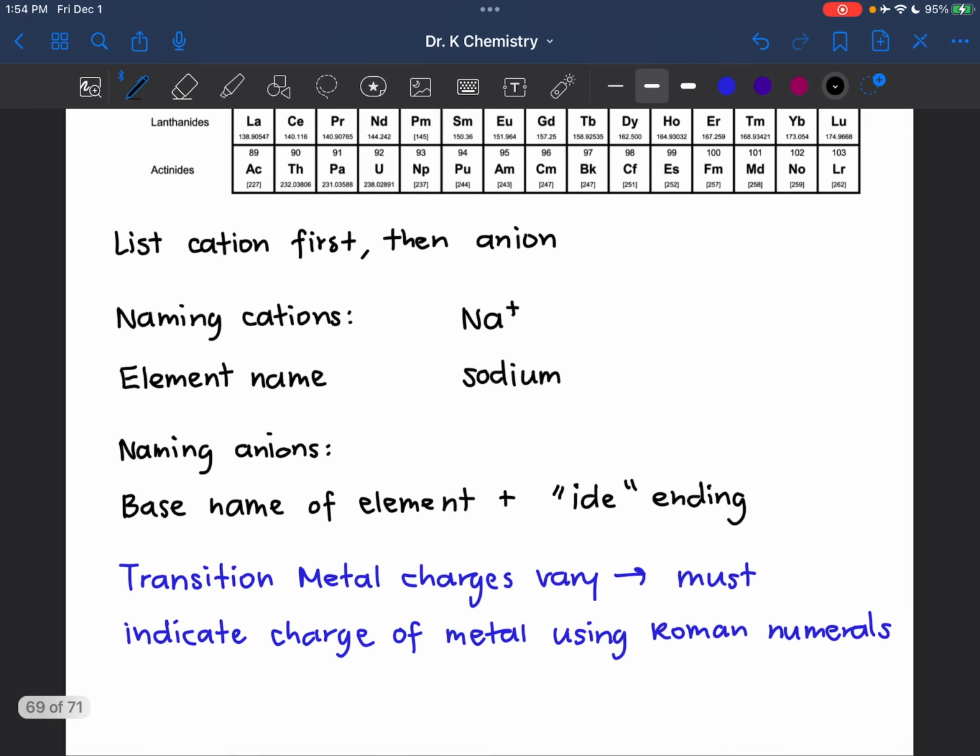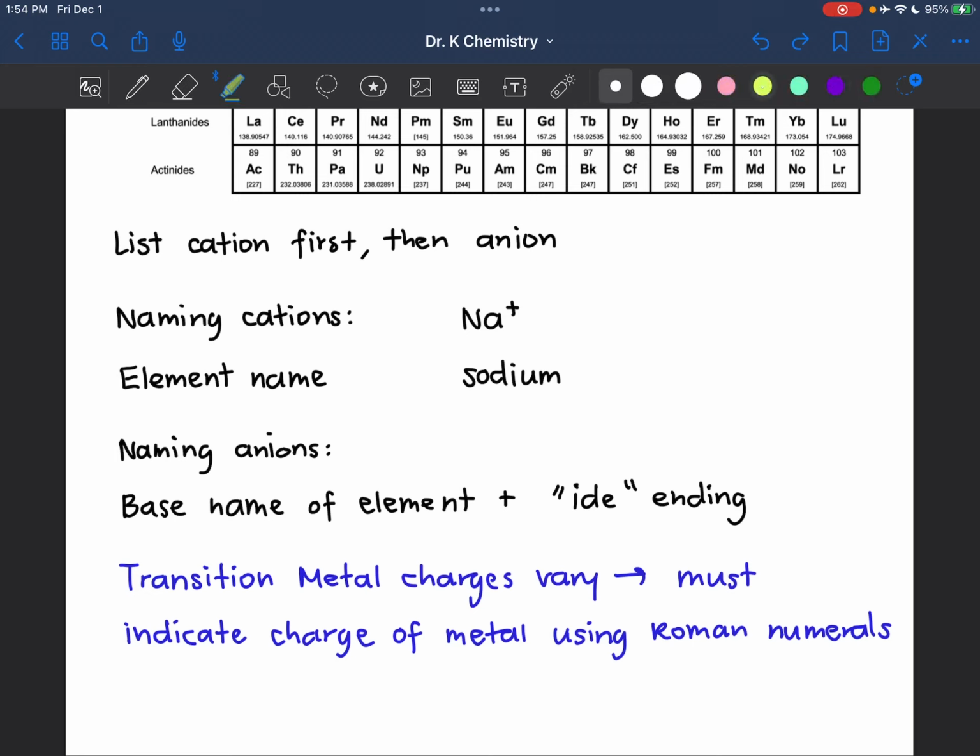We're going to use very similar ionic naming rules as we did before. We're going to list the cation first, then the anion, just like we did before. For naming cations, we're going to use the element name. And for naming anions, we're going to use the base name of the element plus the IDE ending to indicate that it's an anion.